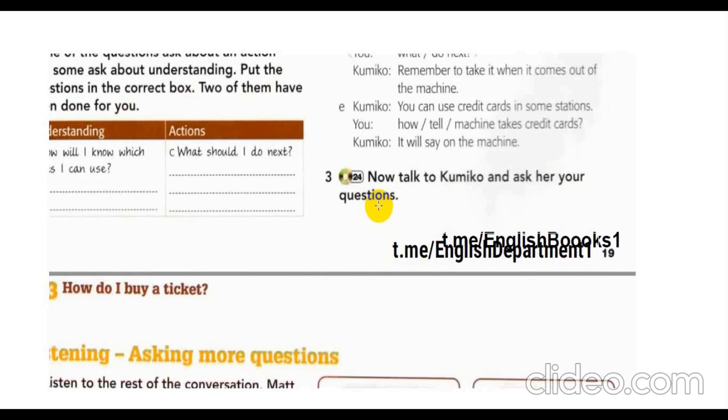Now we reach what to synthesize, create, or make new information by asking your own questions. Let us listen to audio 24 that you will use for asking your question.